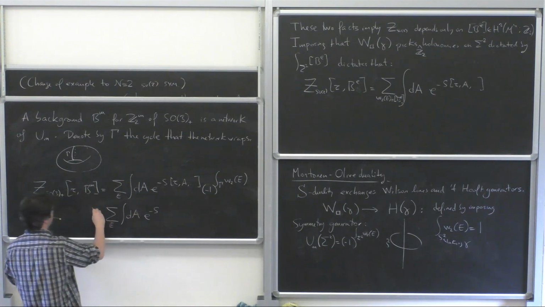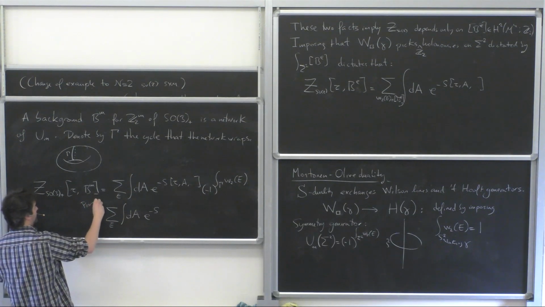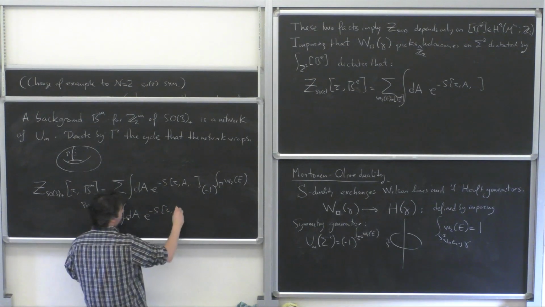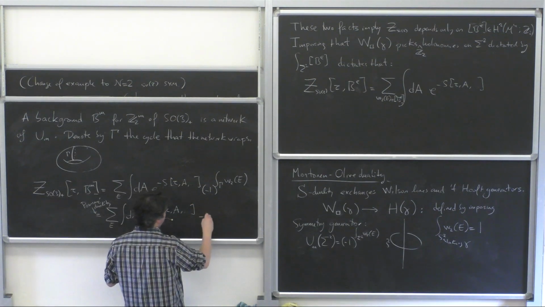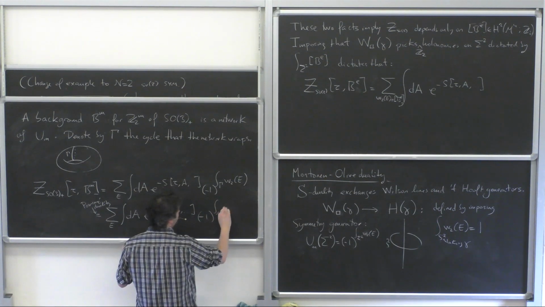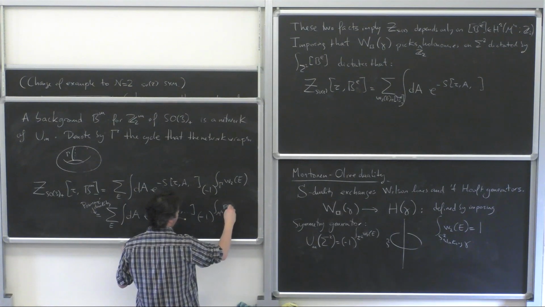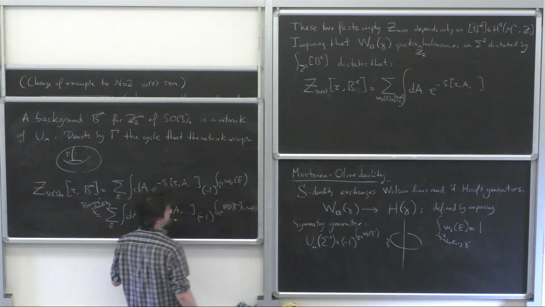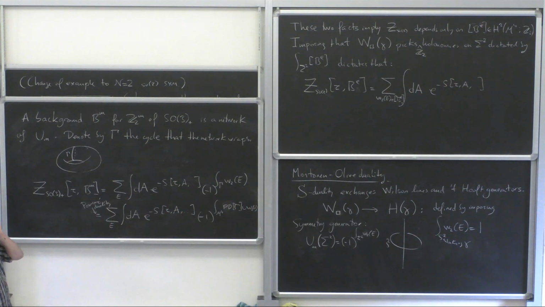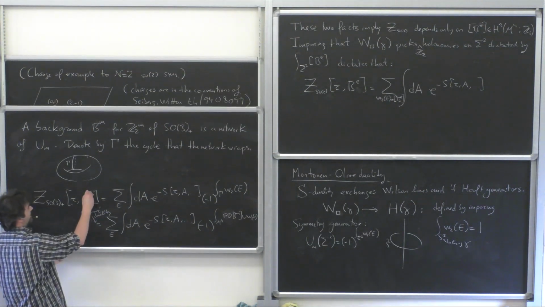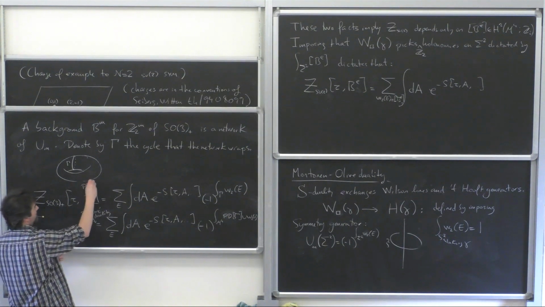So this is Poincare duality, of -1 to the integral over the whole manifold now of Poincare dual of gamma cap W2 of E.